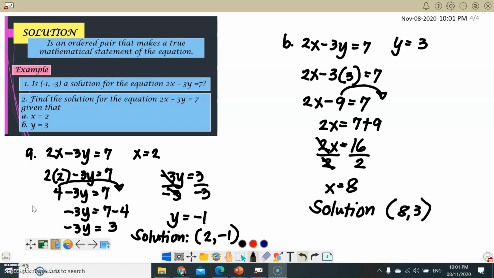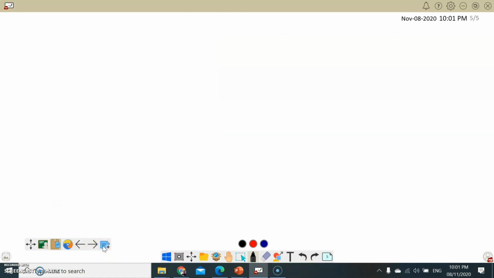Okay, let's have one more example. Let's say, given the equation 2x plus y is equal to negative 4.